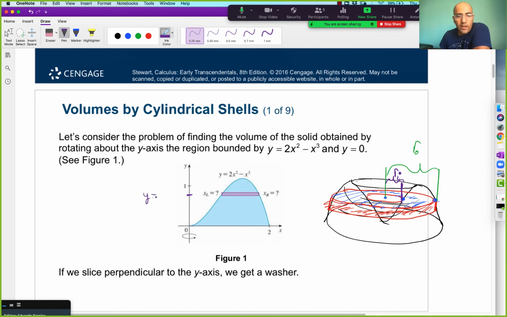Say when y equals 0.73, just a randomly selected number between 0 and 1. Let's say I pick that value. Then I've got to figure out which is the x value that belongs there and which is the x value that belongs there. There'll be two of them. There's an x left and an x right. Ugly. Very ugly.